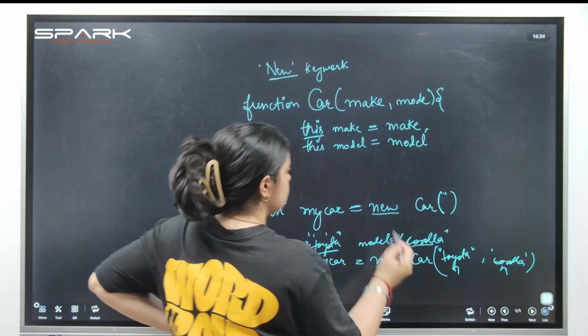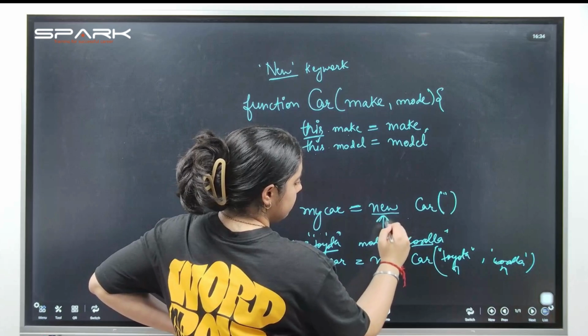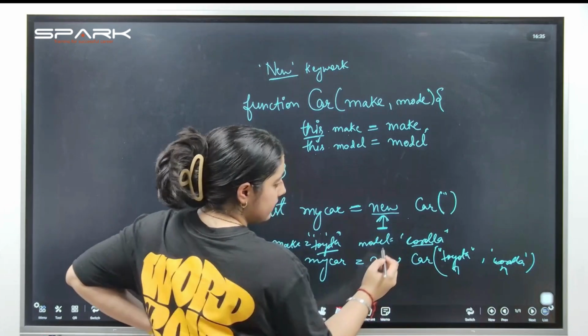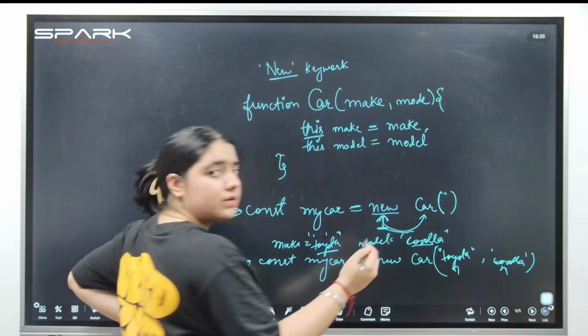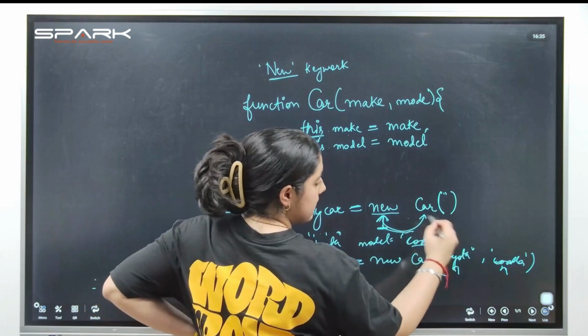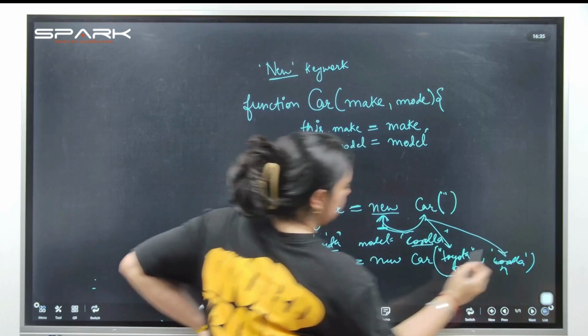So this new keyword refers to our car, as we have created the object, and in this car we have given two values, one is Toyota and one is Corolla.